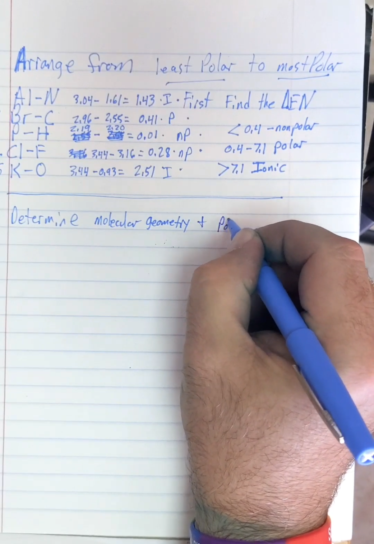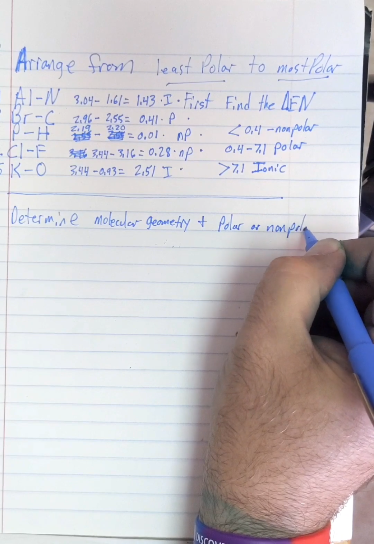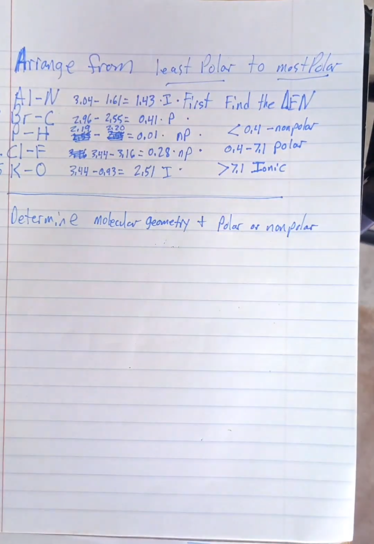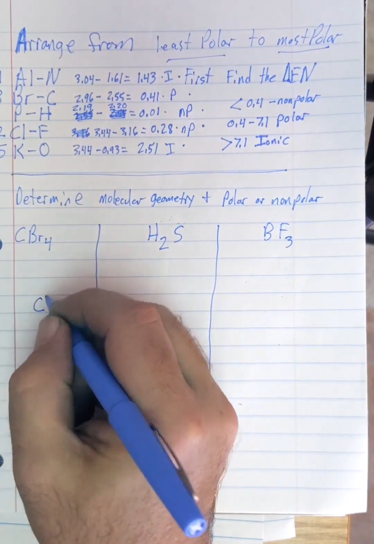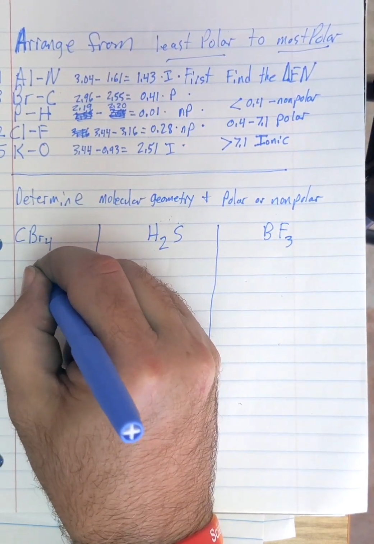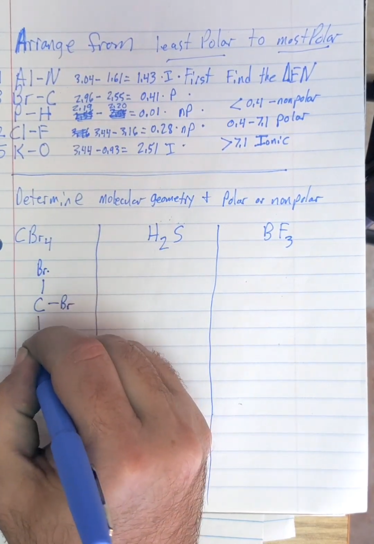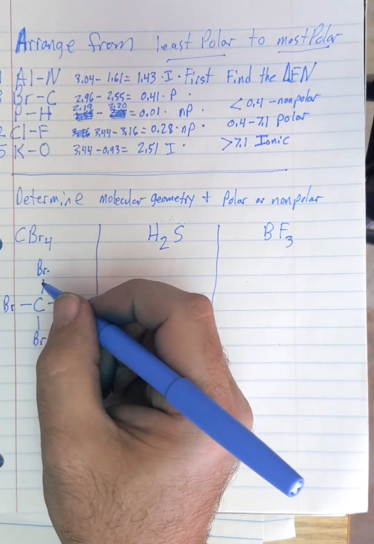The next part, we had to determine molecular geometry and decide if it was polar or nonpolar. For this one, I'm just going to do 3 examples. Carbon tetrabromide. So we know we're going to have a carbon and 4 bromine atoms.